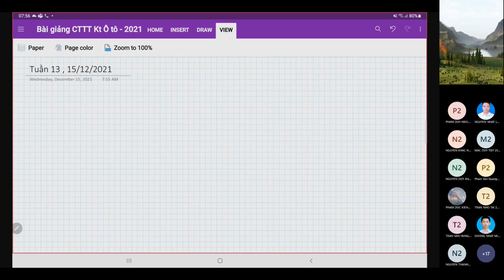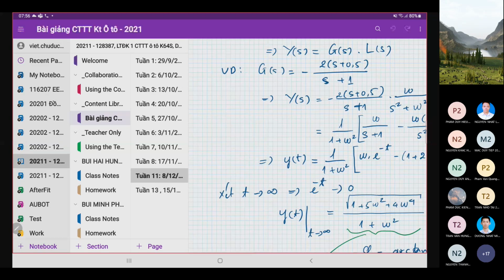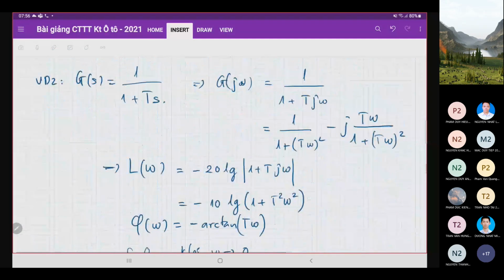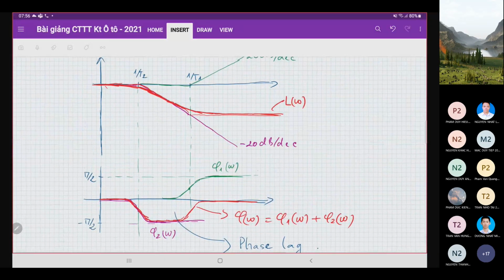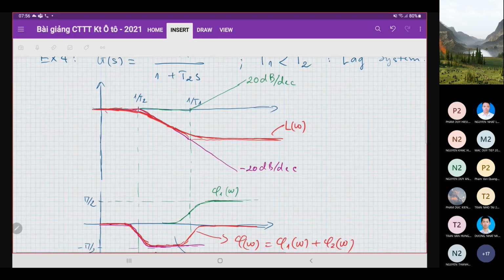Teacher, I have a question about the previous slide. As L omega is 0, why is the gain 1? I don't understand it.